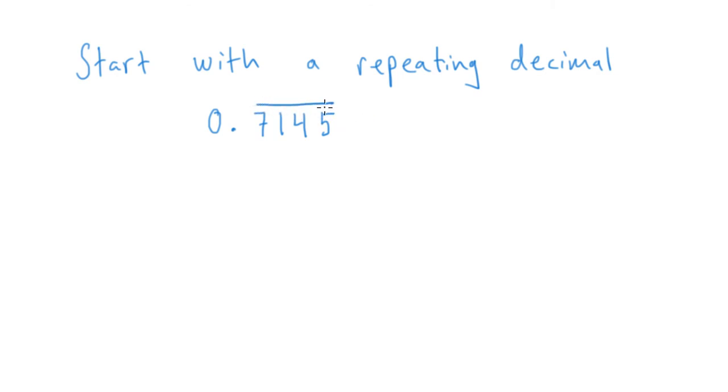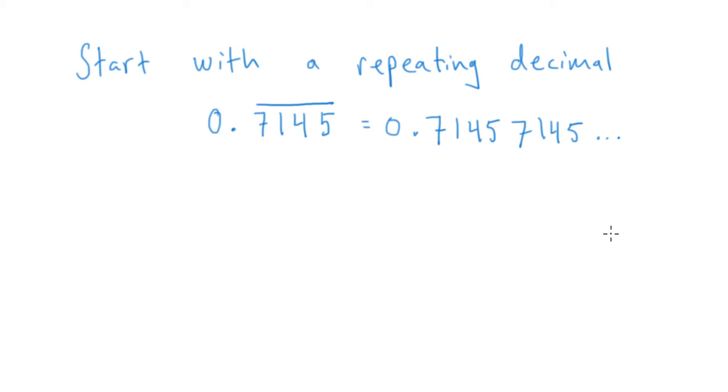So again, just to remind you what this means, this just means 0.7145 and then repeat 7145, etc. Okay, so 7145, 7145 forever.